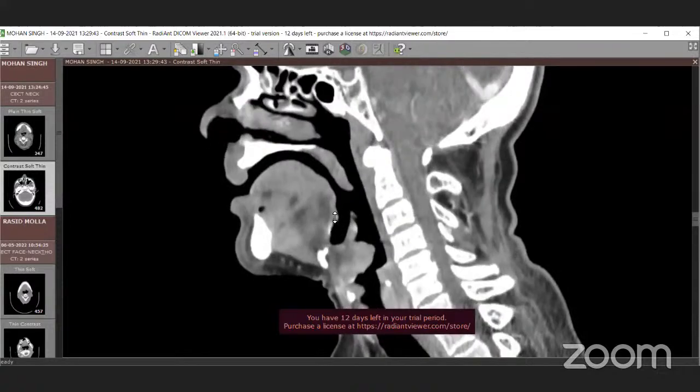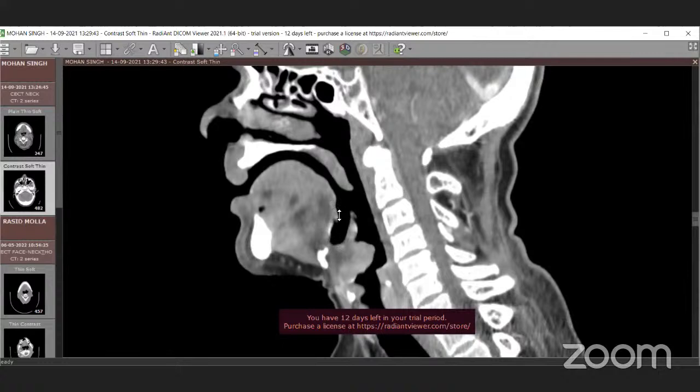So when you have some structure at the posterior margin of the tongue or the anterior margin of the vallecula, please do not call it a malignancy per se. To have a malignancy in this zone by radiology, you will have to have a defined soft tissue along the anterior margin of the epiglottis, the free margin of the epiglottis, or the floor of this vallecula.